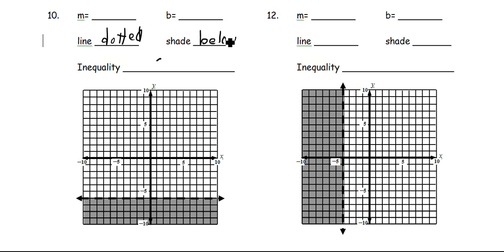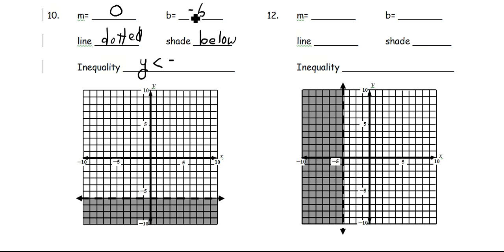We're going to use the y, but remember, when it's a straight horizontal line, there is no x. So this is actually a 0, which means we do not include it. It crosses the y-axis at -6. So I don't have to put in my x. Y is less than -6.